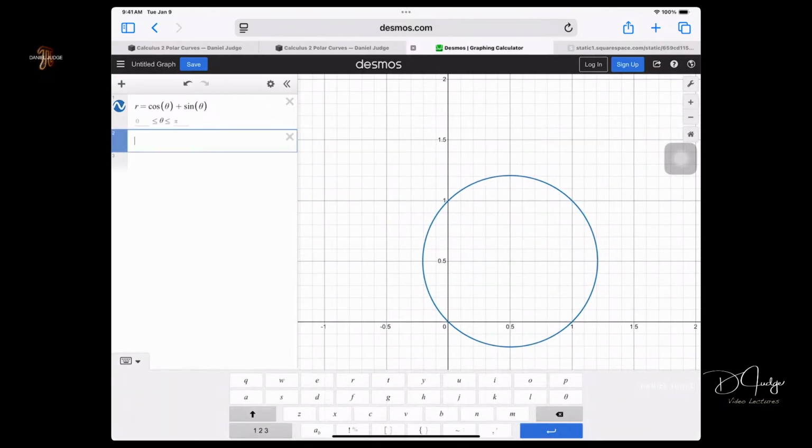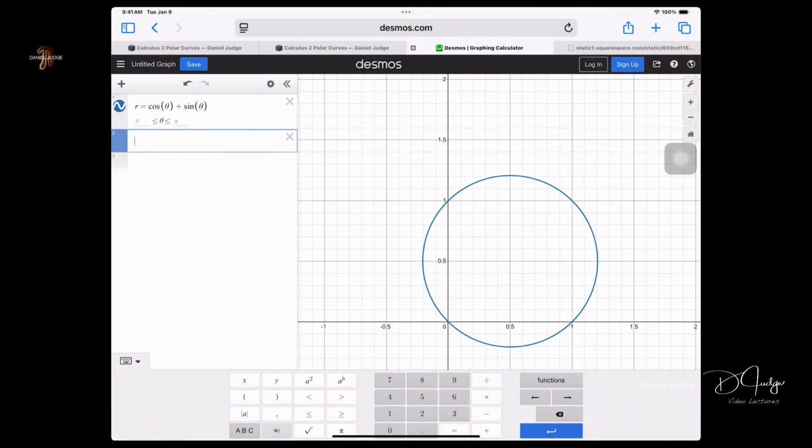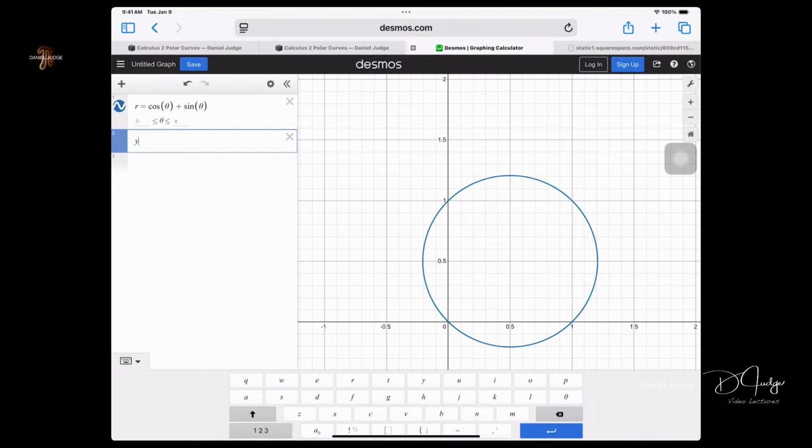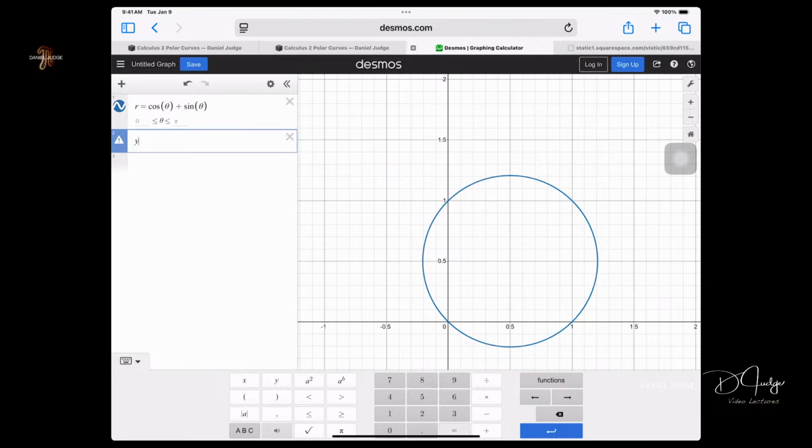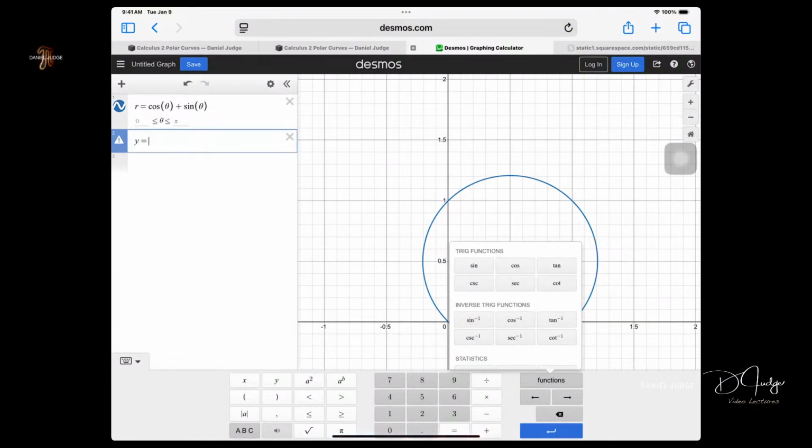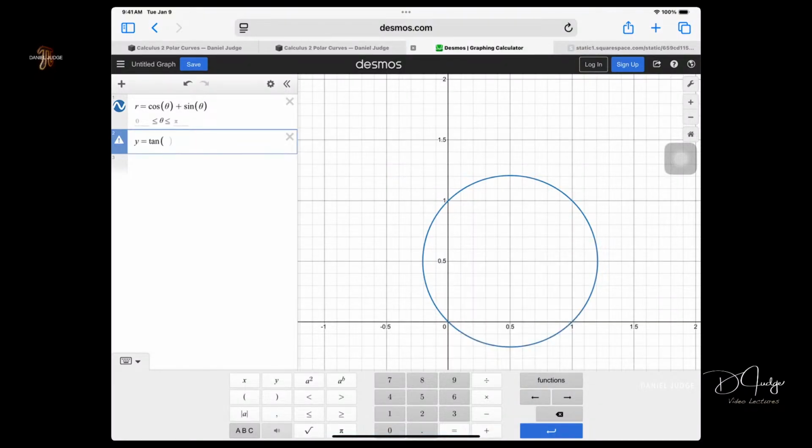Remember, 3 pi over 8. I'm going to describe this in the rectangular coordinate system because that's a little bit easier to graph a line in Desmos. This isn't the polar form, but it is the equivalent rectangular coordinate form.